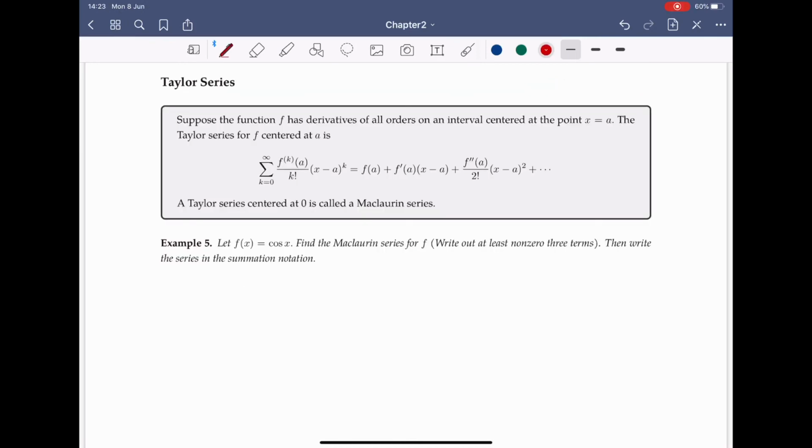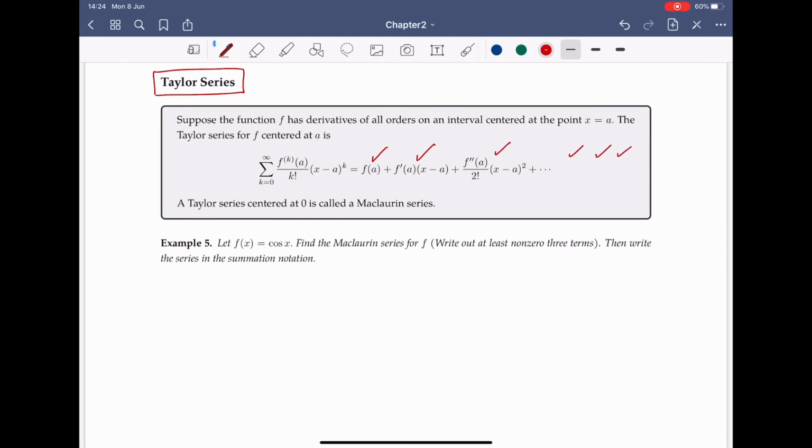All right, let's wrap up this video by looking at Taylor series. A Taylor series is nothing more than a Taylor polynomial of order n. The difference is that we sum the terms infinitely many times. Which means for a Taylor series, we add f'(a) times (x minus a), and so on, infinitely.